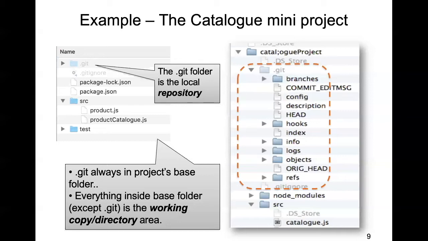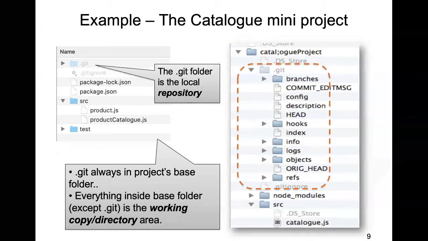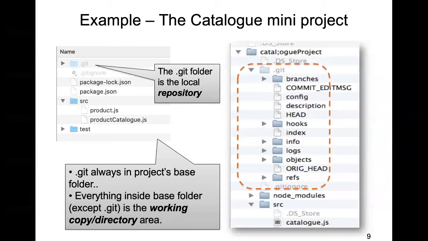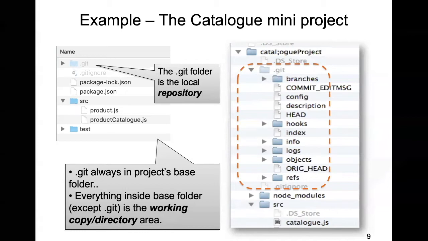In fact, it could be quite dangerous to go looking inside, because if you accidentally make a change to any file in there, then you potentially corrupt your Git repository, and it's very difficult to recover from that corruption.